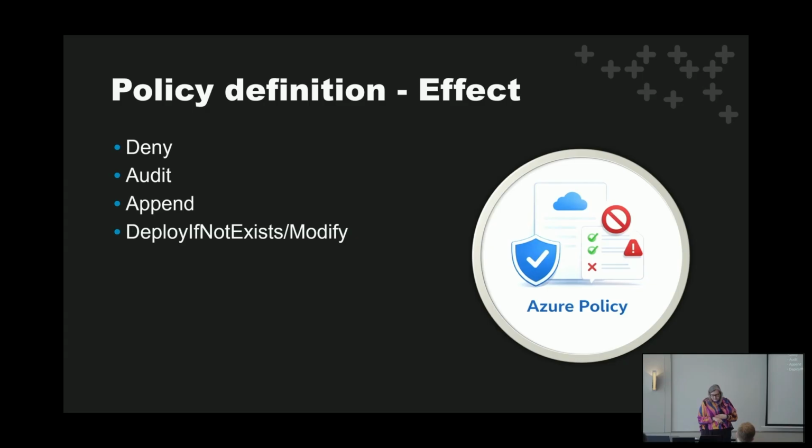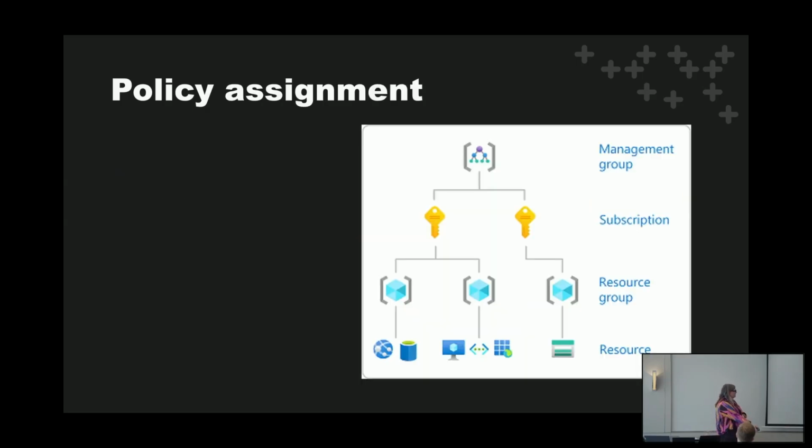So the effect, as with RBAC, we need to apply it to something. So we have the same thing here with the management group, the subscription, resource group, and resources.